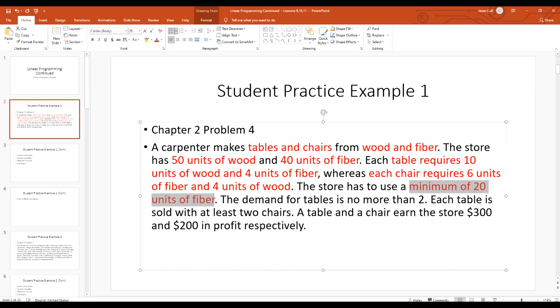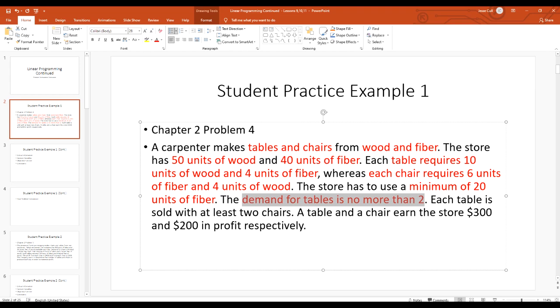The demand for tables is no more than 2. So again here, we have another situation that tells us what we must do, what we cannot do. In this situation, we cannot sell more than 2 tables. If we sell more than 2, it is not a valid solution.